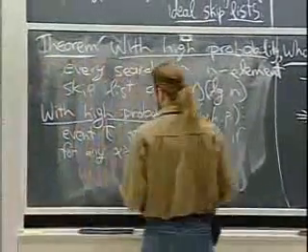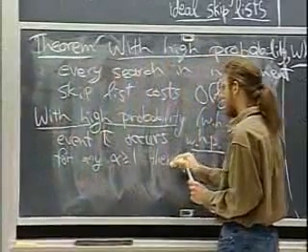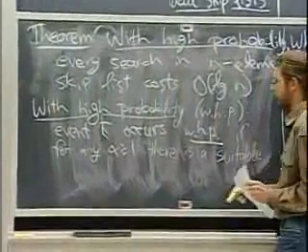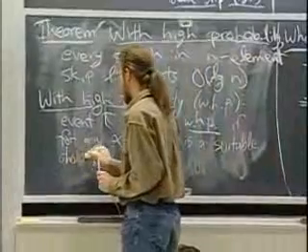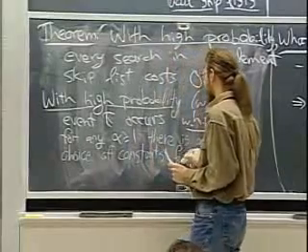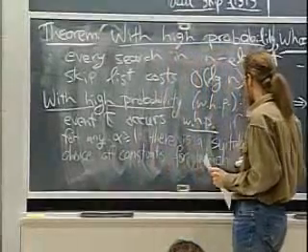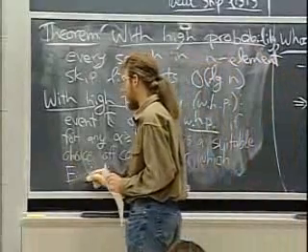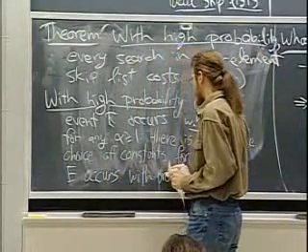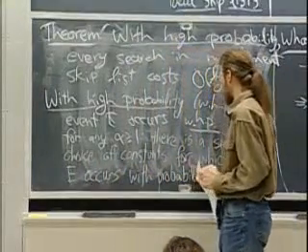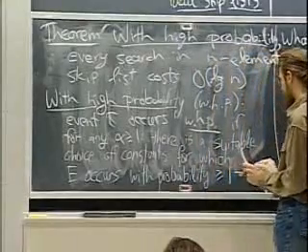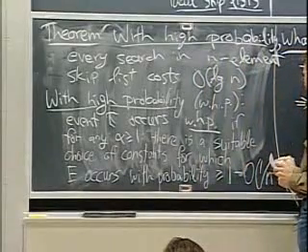The statement is that for any alpha greater than or equal to 1, there is a suitable choice of constants for which the event E occurs with probability at least 1 minus order 1 over n to the alpha.